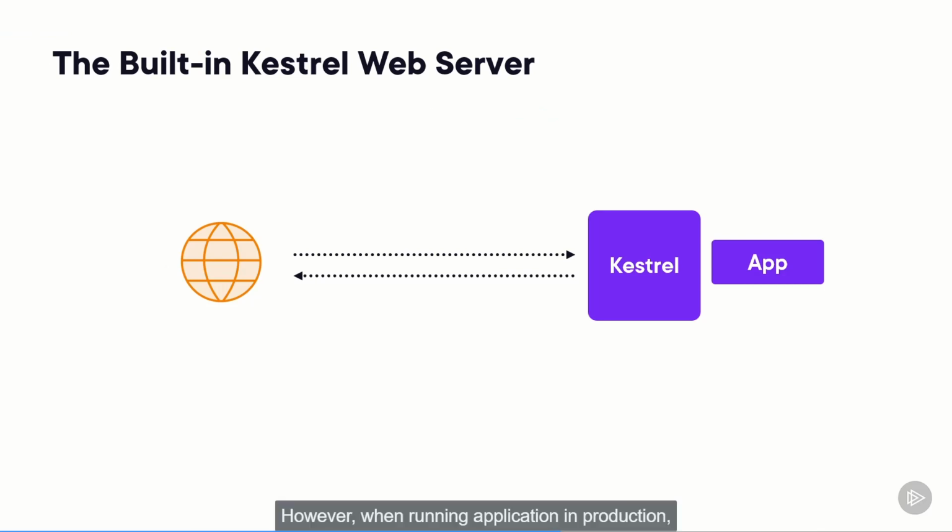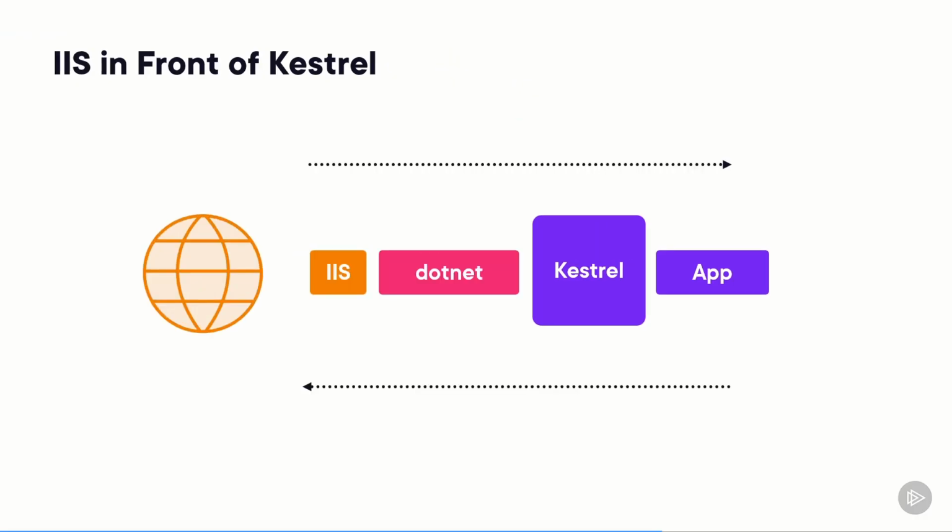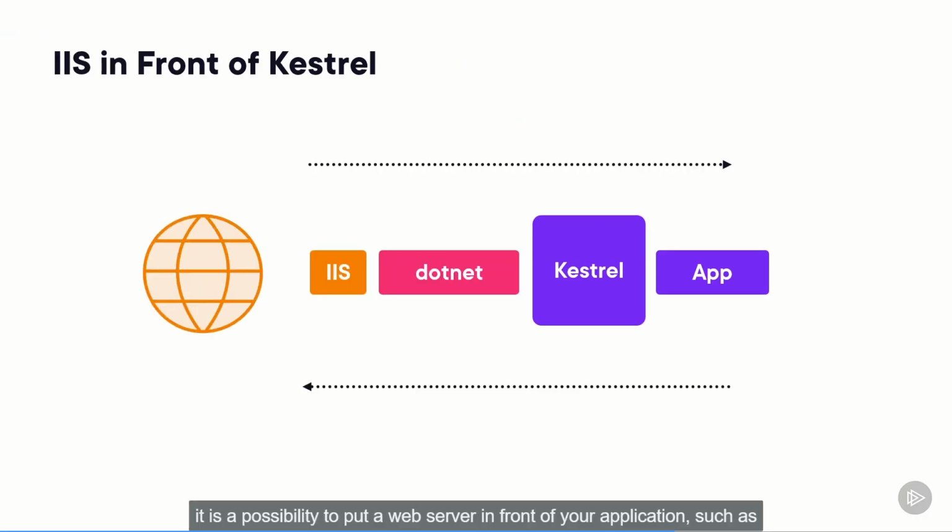However, when running an application in production, Kestrel often doesn't suffice because it's likely that you have multiple web applications running on one server, and you want to have a single place to manage and monitor them. Or maybe scalability is needed, or other web server features Kestrel lacks. In that case, it is a possibility to put a web server in front of your application, such as IIS when you're on Windows. It is used as an example on this slide, but Nginx on Linux also works, for example.